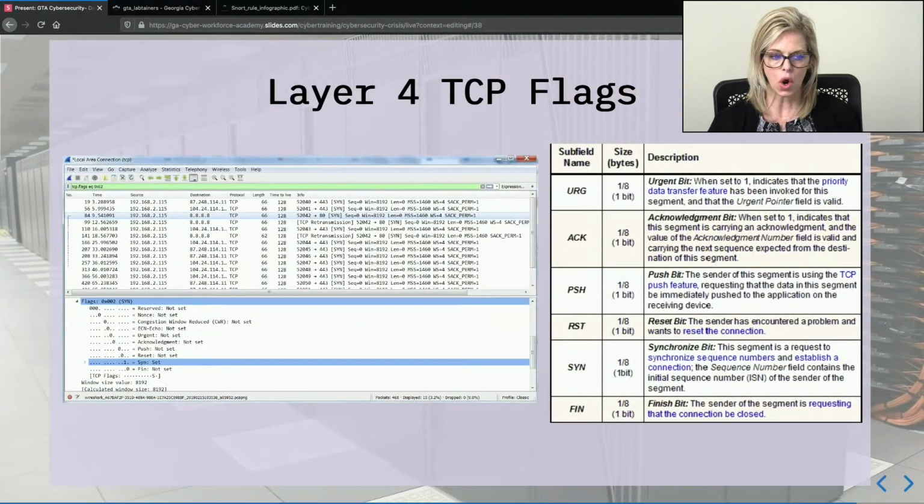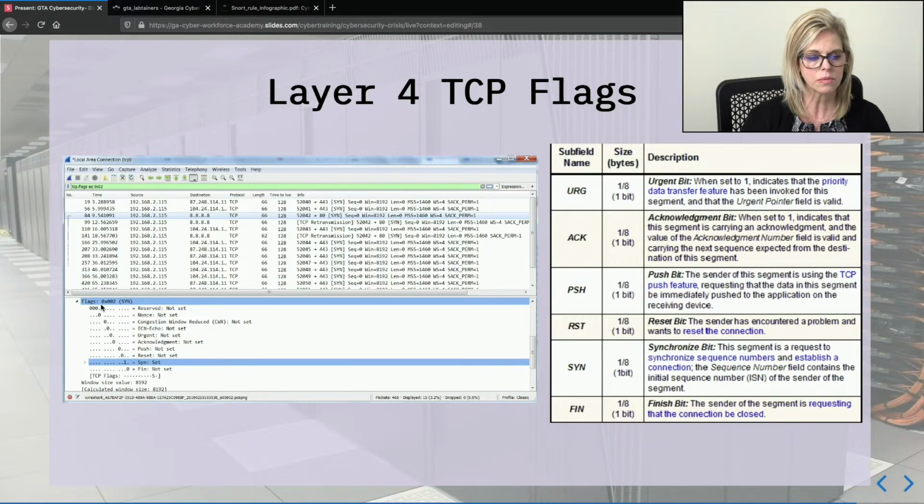So again, if you're drilling into the Wireshark view of this TCP session, I just showed you that this specific flag is a SYN flag that's being sent from this source to this destination, and you see that this is turned on. So the SYN flag is set as this is a synchronization packet.